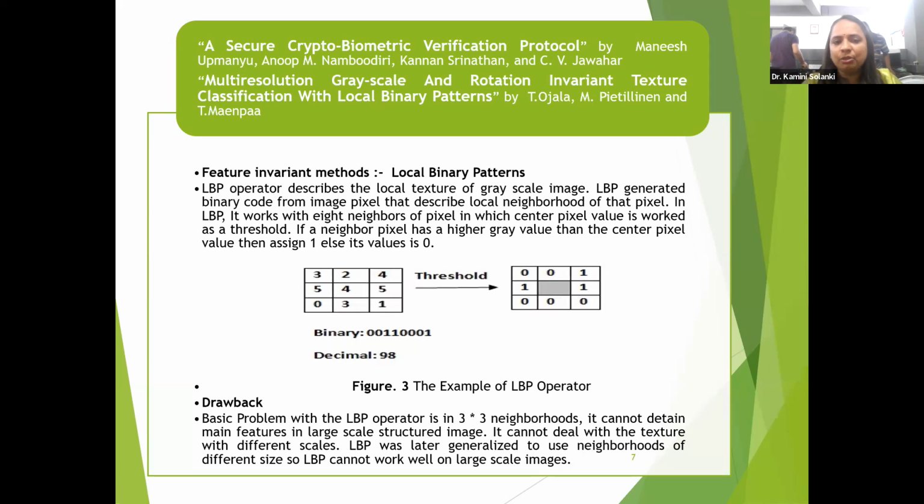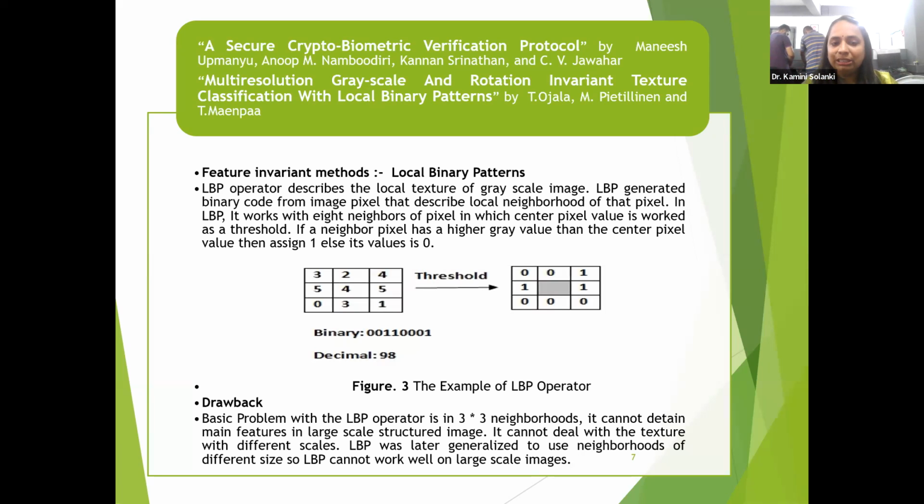Now, what is the drawback of this algorithm? The drawback is that it works very well on the 3 by 3 matrix, meaning the neighbors. But if you expand your neighbors, a 4 by 4 matrix, 7 by 7 matrix, or if you increase the matrix, then the false match rate goes up, which means it reduces the recognition rate.